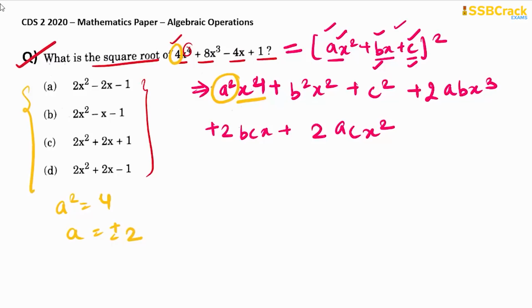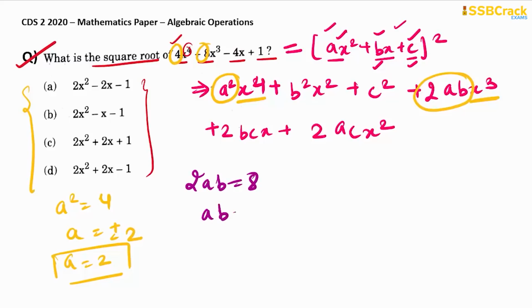So we can directly take a is equal to 2. Now we will compare the coefficient of the next term, which is x cube. So the coefficient of x cube is 2ab, and here it is 8. So we can directly write 2ab is equal to 8. This implies ab is equal to 4.